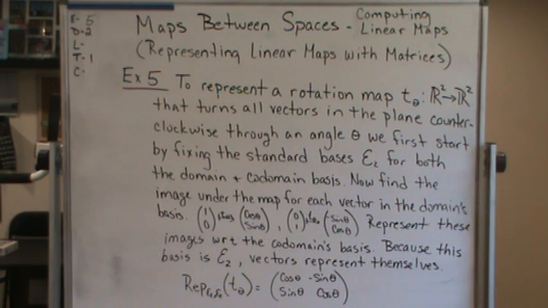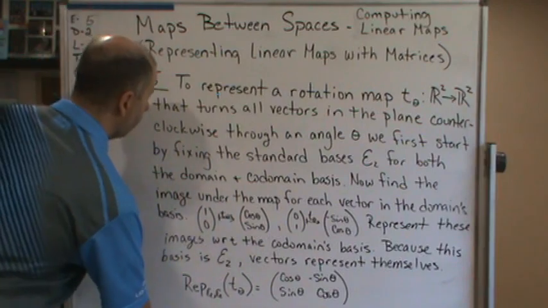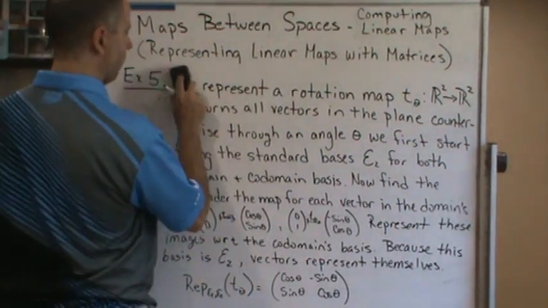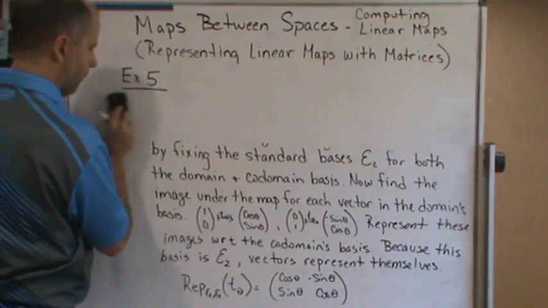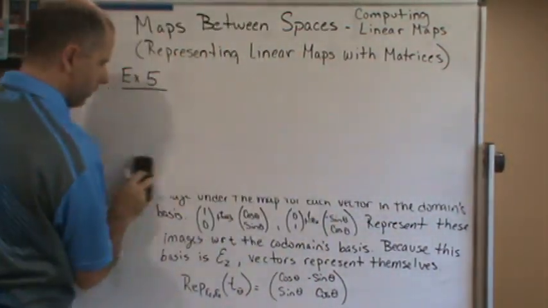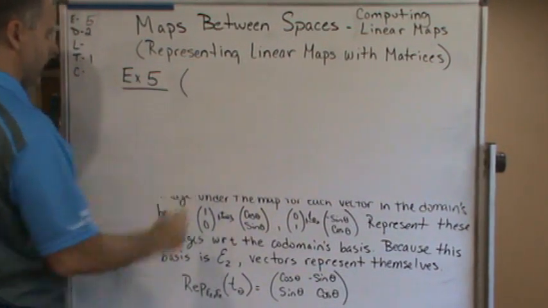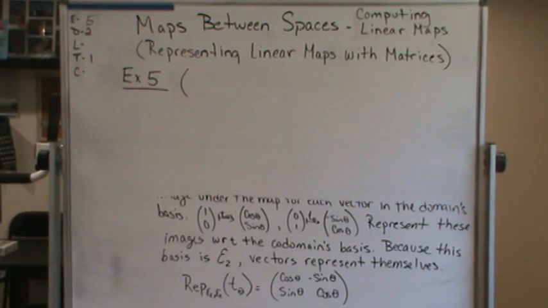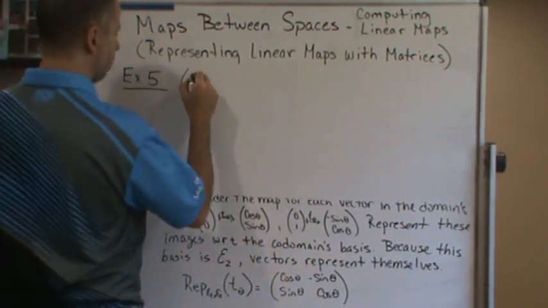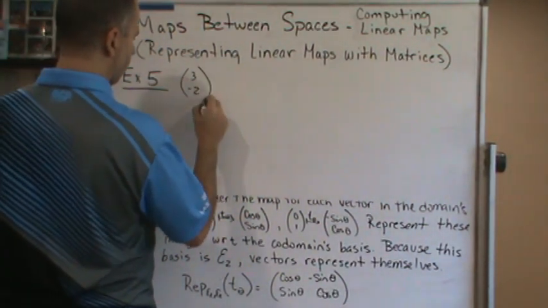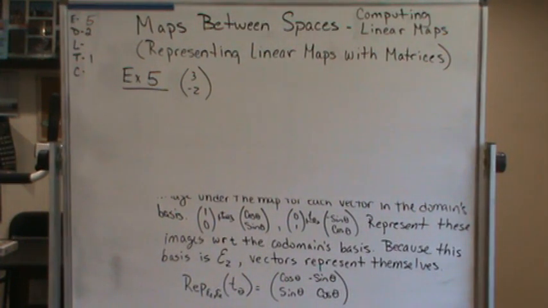Let's rotate a vector by pi over 6. Let's say we'll take the vector 3, negative 2, and we want to rotate this vector by pi over 6.